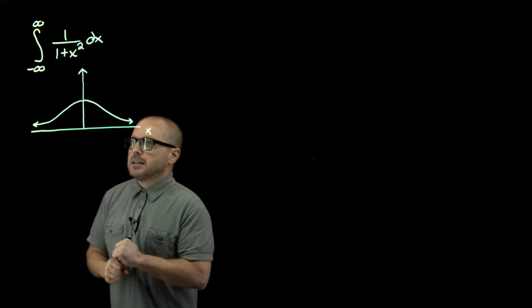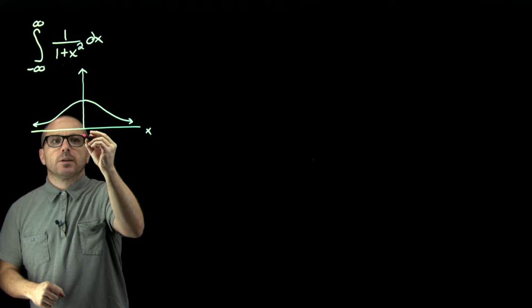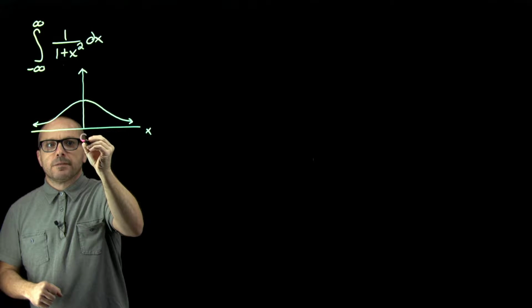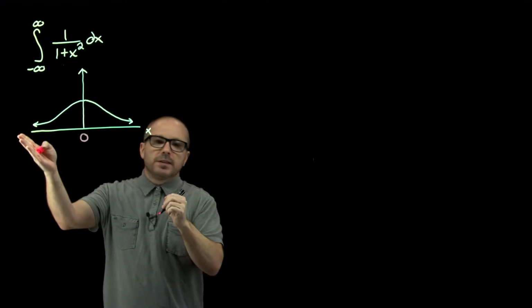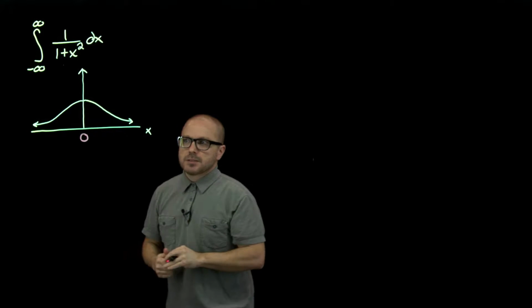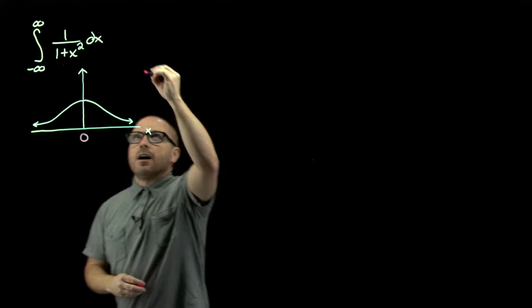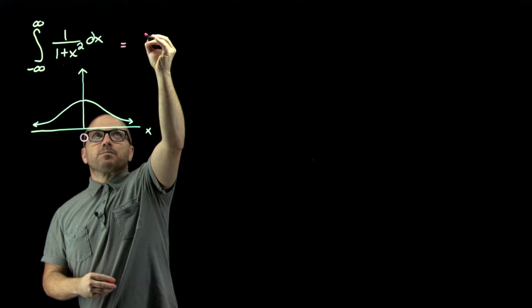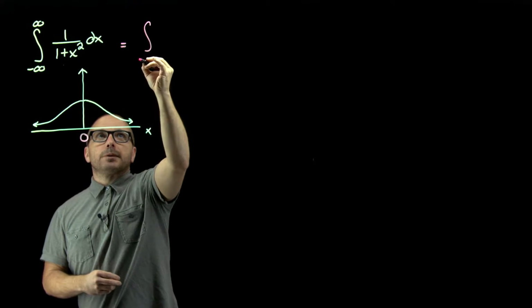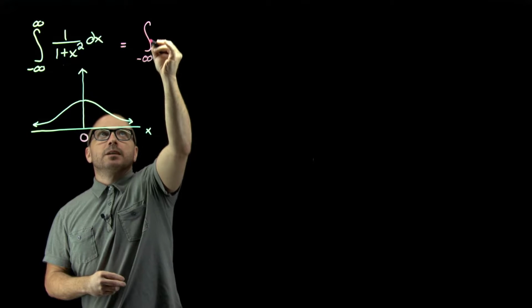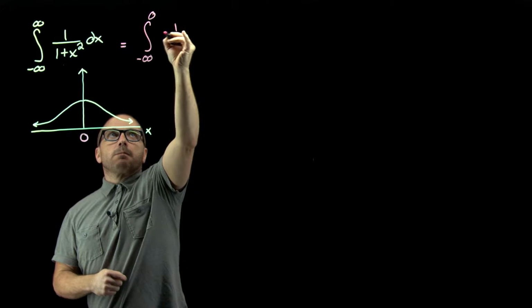So the idea is we're going to break this integral up and think of two pieces: the one from negative infinity up to 0 and the one from 0 to infinity. So our first step is to not really make it proper, but make it two improper integrals.